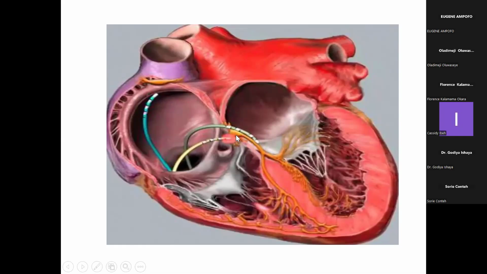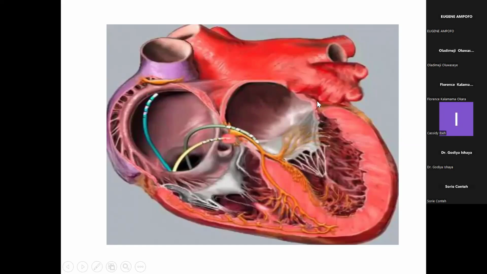Another catheter can be passed into the coronary sinus, to the back of the left atrium. The purpose of this catheter is to monitor electrical activity in the left atrium and left ventricle, because the coronary sinus lies in the atrioventricular groove, at the junction between the left atrium and the left ventricle.